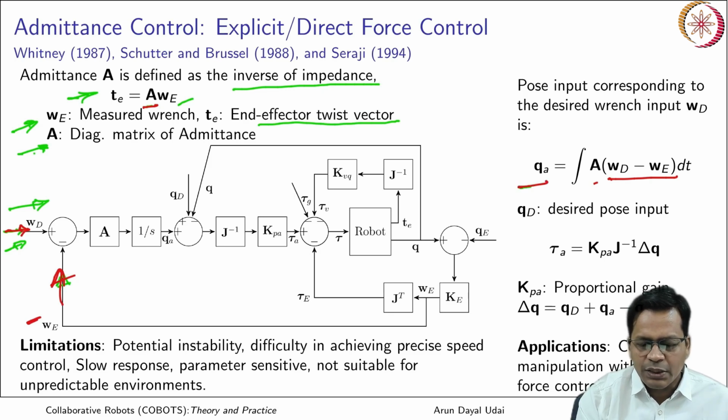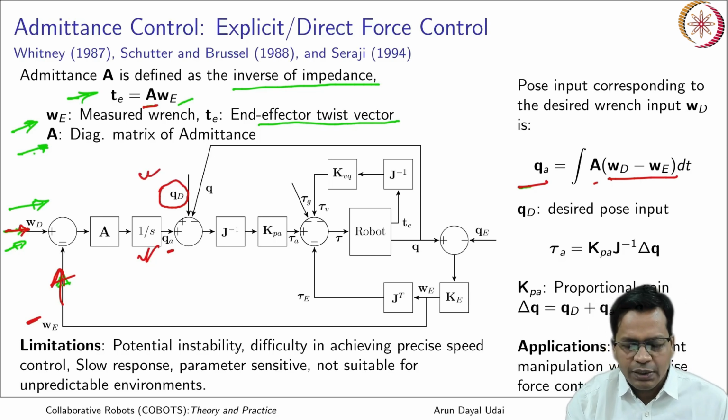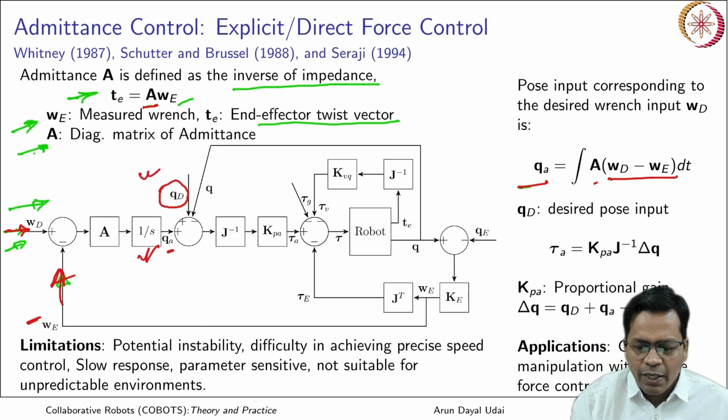This position trajectory after integrating is sent to the robot controller as a reference trajectory. This is the second input. The first input is the wrench input. The second input also takes in the position trajectory here, and this is the actual position.